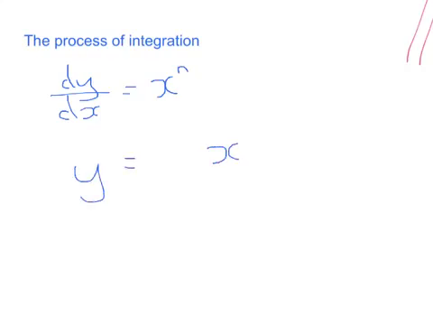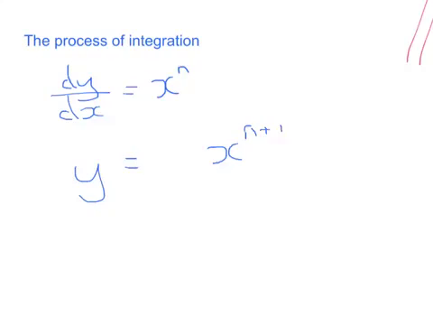So we've got our dy by dx, differential function, might be equal to something like x to the power of n. Now let's think about what that would go to when we integrate it to get y. So y equals, now we already discussed that this n goes up 1. So if the differential is x to the n, the integral, the y, will equal x to the power of n plus 1.